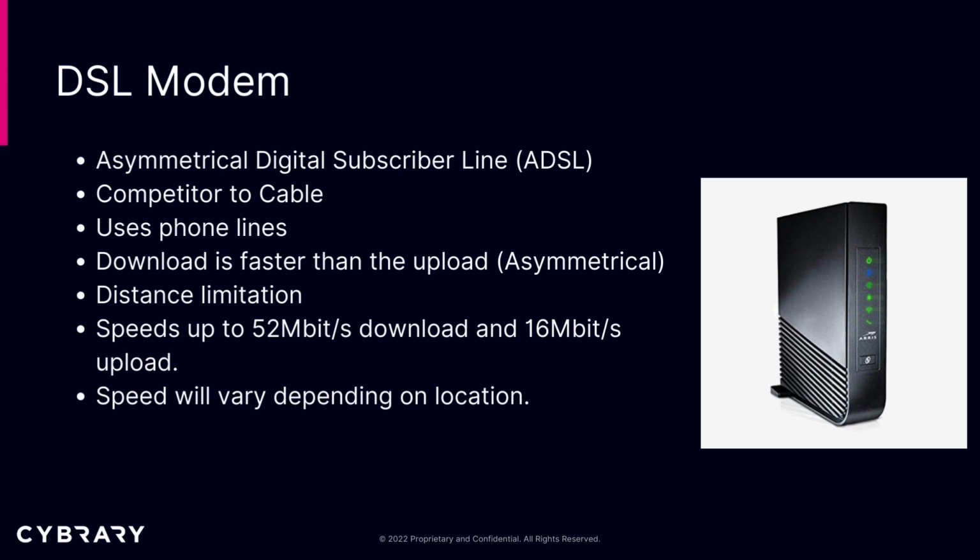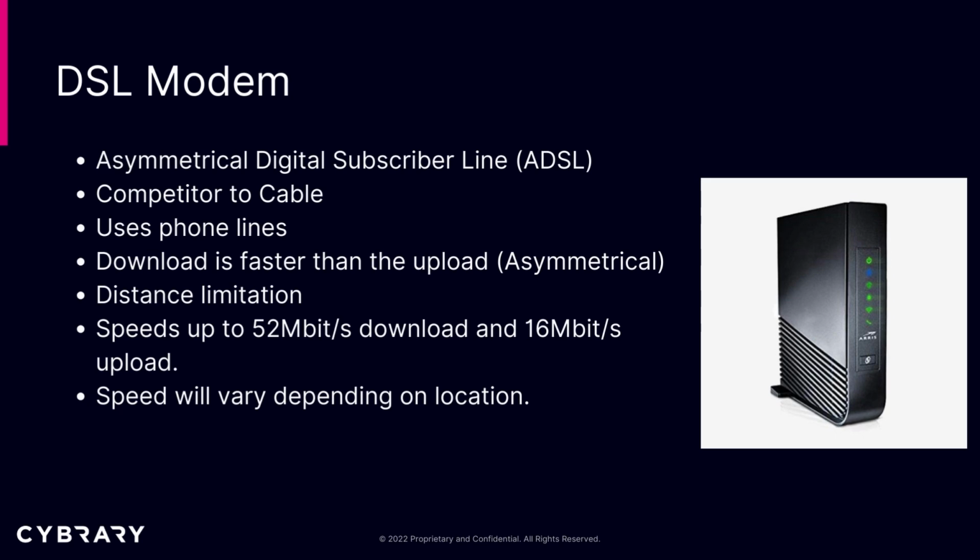Another type of internet connection that you'll see in small businesses would be a DSL modem. DSL, or asymmetrical digital subscriber line, is a competitor to cable. This is another type of internet connection, but it's actually brought in on a phone line. So you'll see a phone line coming from a terminal plugged into a device like the image right here. Asymmetrical DSL basically means one speed is faster than the other, and normally the download speed is faster than the upload.